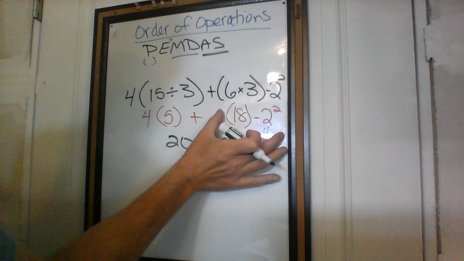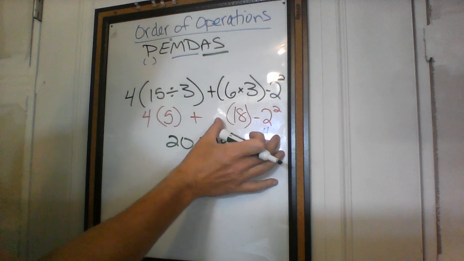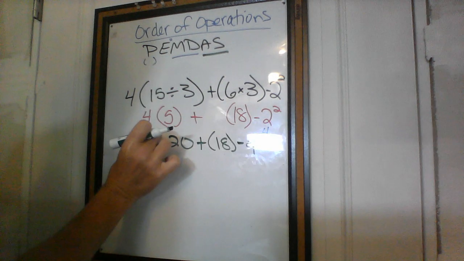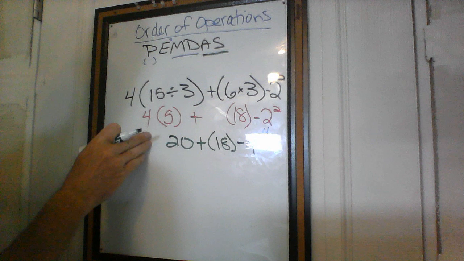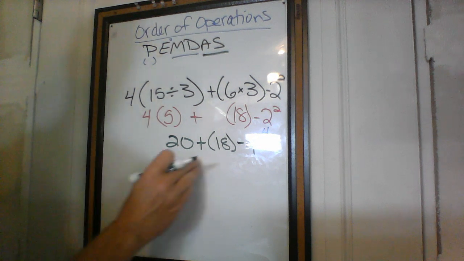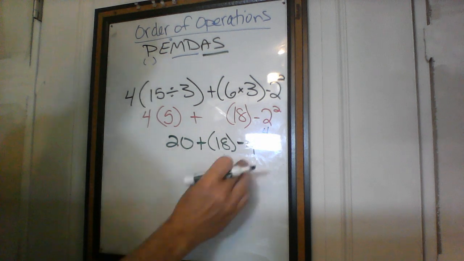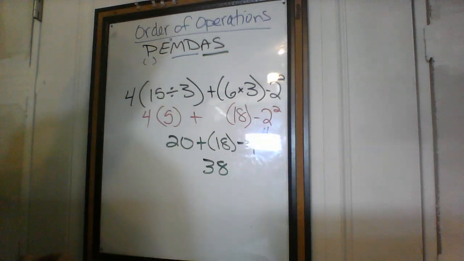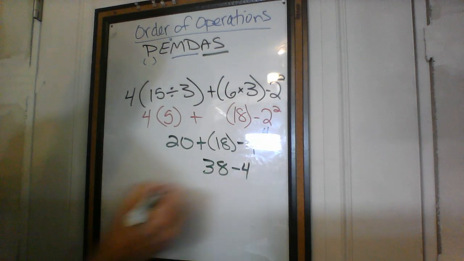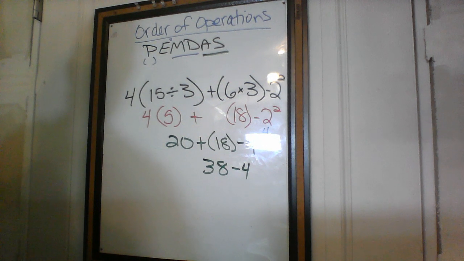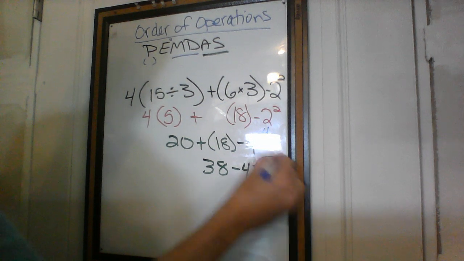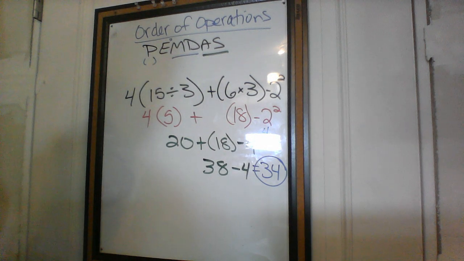Sometimes we'll get caught with this one right here because we felt like we had to do this subtraction problem with the multiplication that we did here. It's not the case. So we have to add our 20 and our 18. That's going to get us 38. Then we are going to minus the 4 for our final answer in this problem of 34. Hopefully that's what you got.